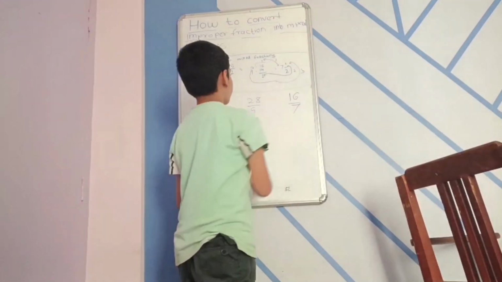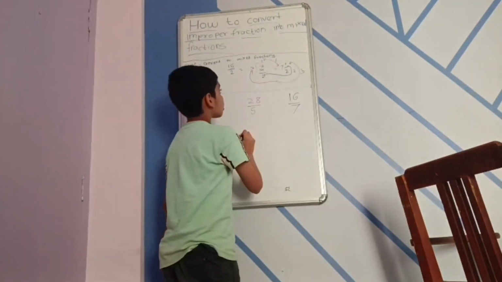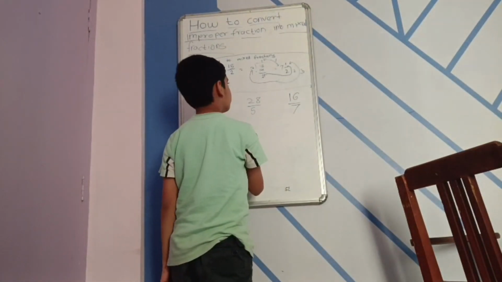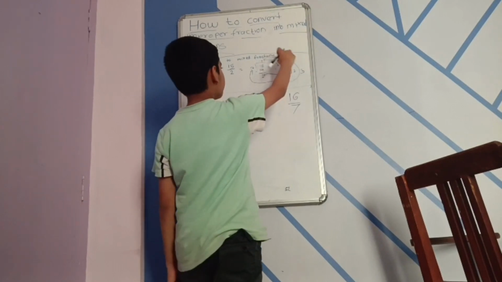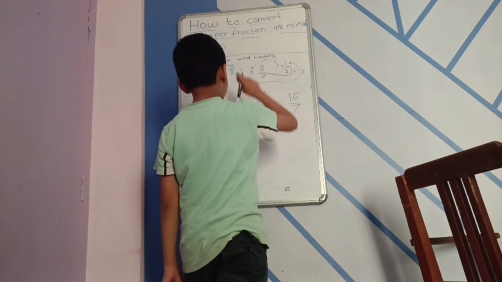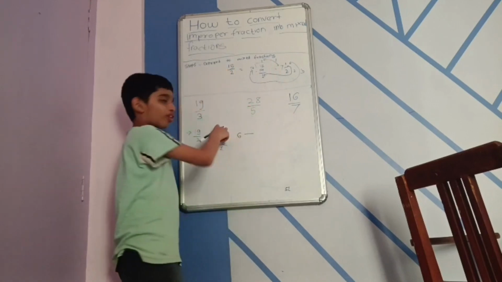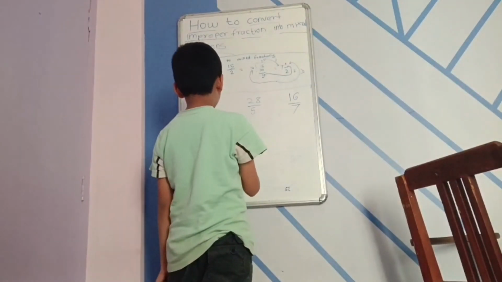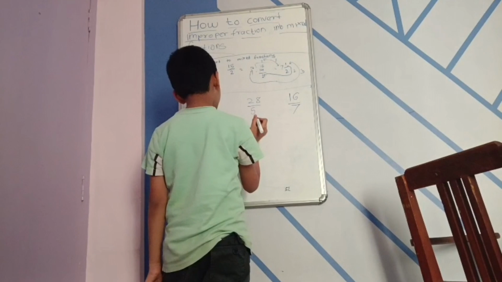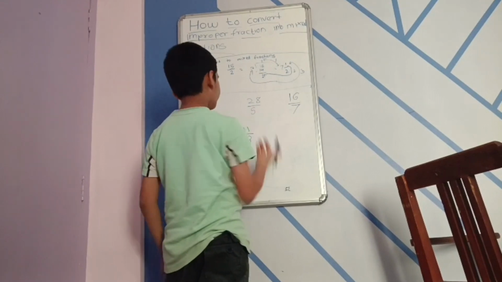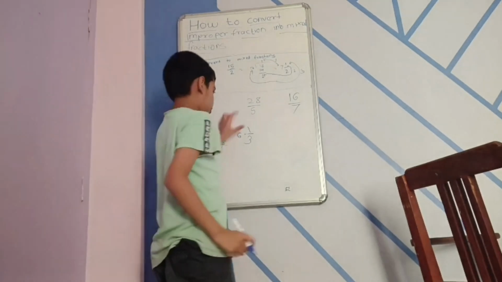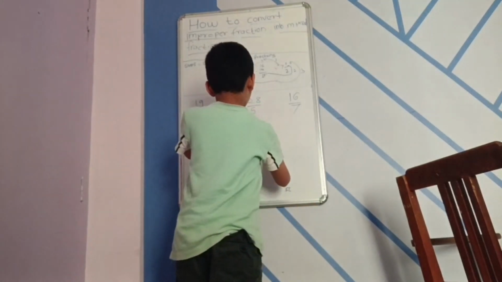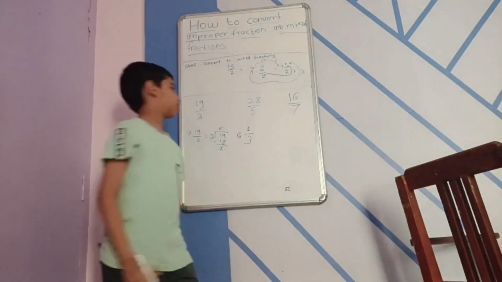So we will write 6 over here as given. 7 was the quotient in the previous example, but 6 is the quotient over here, and 3 over here and 1 over here. Like this.